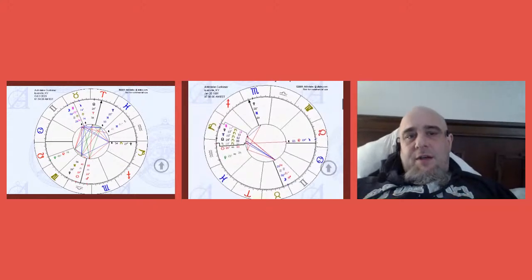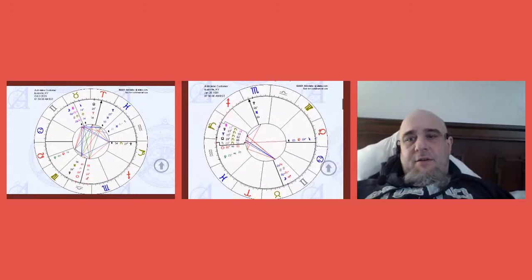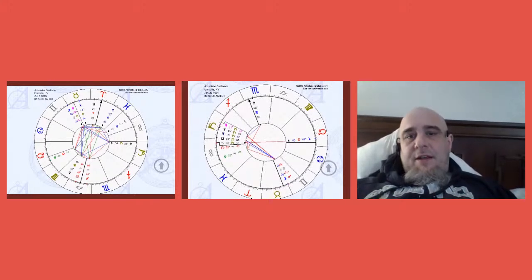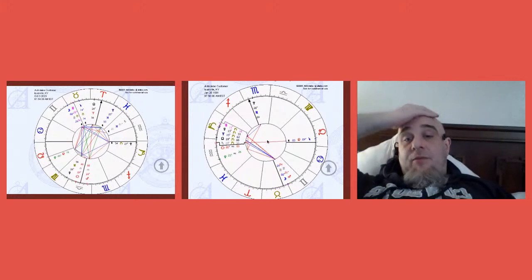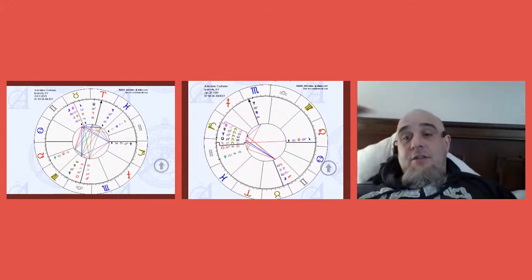Once we figure that out, we start looking at it as a natal chart all in itself. I really don't compare it a whole bunch to your birth chart. I'm not really looking at it as a transit chart.